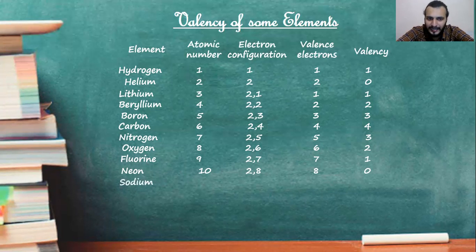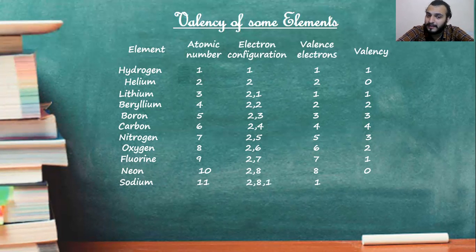Okay, moving ahead. Next, sodium, atomic number 11, electronic configuration 2, 8, 1, valence electrons, again the same electrons in the outermost shell. So it is 1, and sodium also has 2 options.